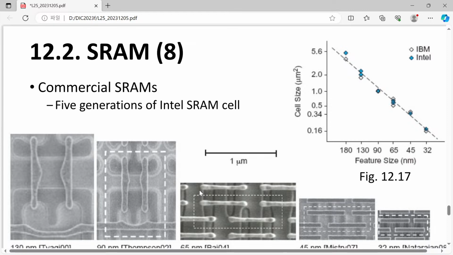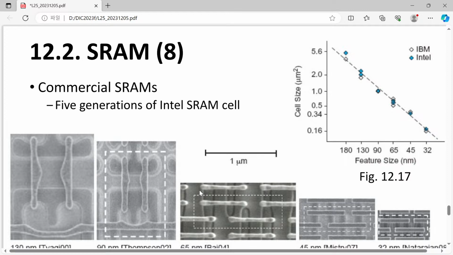Okay, you can just have a look at it, and you know that SRAM is really important for our logic system, because SRAM really takes a lot of area. I mean that when you make a certain chip, you always want to put in more SRAM, because more SRAM is directly related to the improvement of your chip performance.